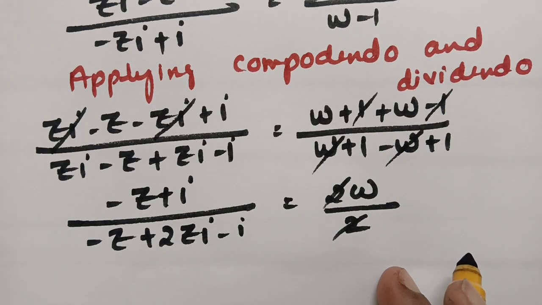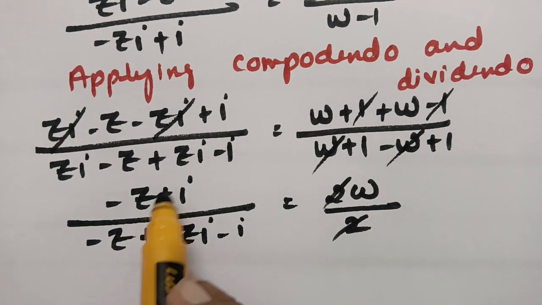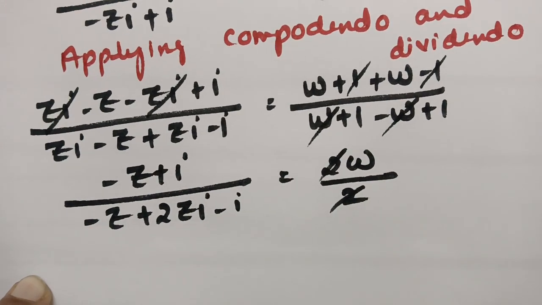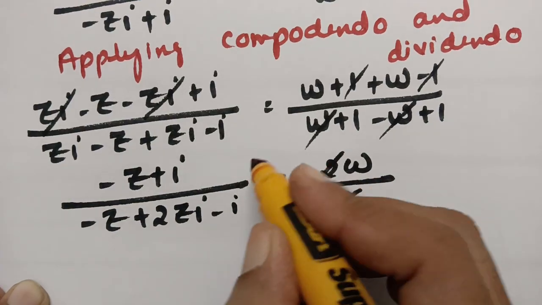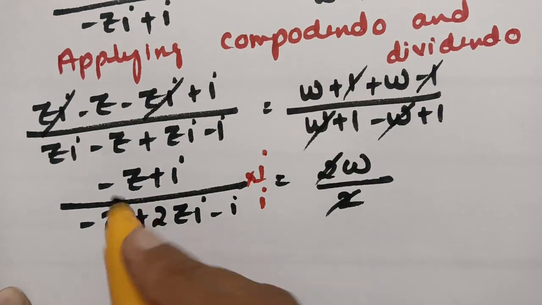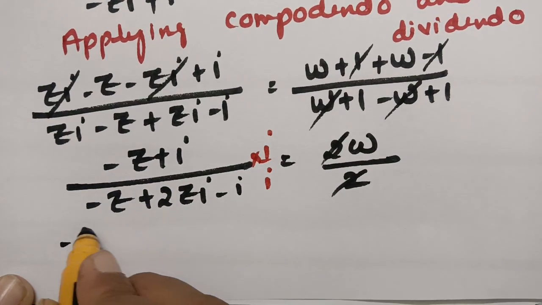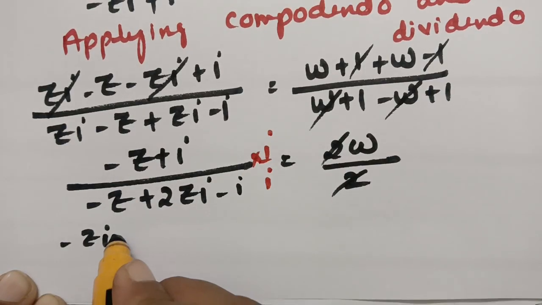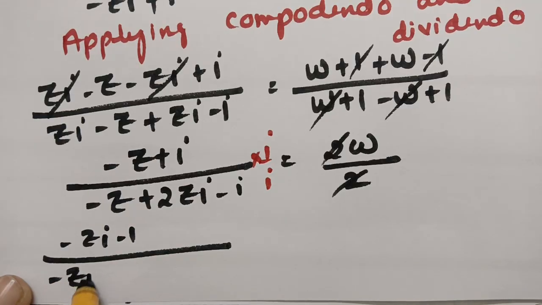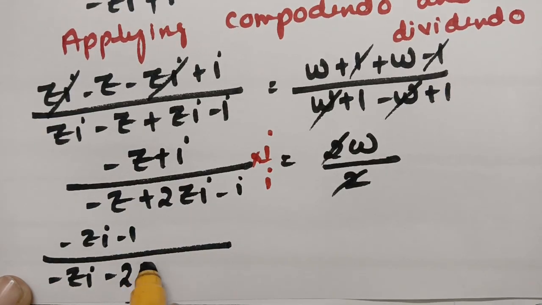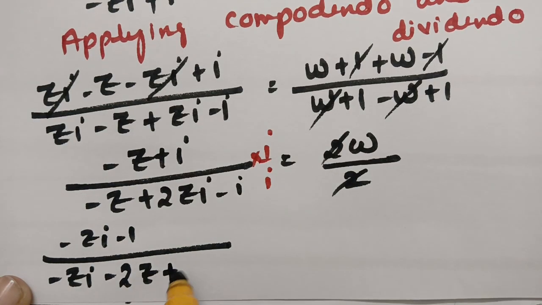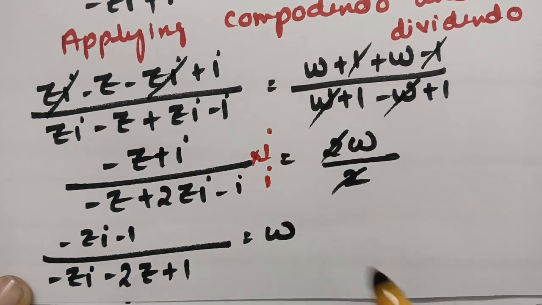And now if I take minus common here, in order to balance, if I multiply with i in the numerator as well as the denominator, this is going to become minus zi, i squared, this is minus 1, divided by, if I multiply, this will be minus zi, so this is minus 2z, and this is i squared minus 1, so this is minus of minus, this value is plus 1, which is equal to w.